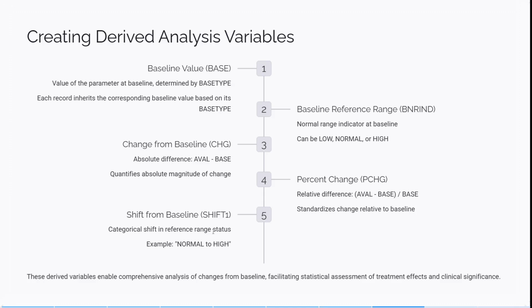And the shift from baseline: category shift in reference range, normal to high. So these derived variables enable comprehensive analysis of the changes from baseline, facilitating the statistical assessment of treatment effects and clinical significance. So you'll have the base and baseline range indicator, change and percentage change, shift one. So if you want to create the analysis baseline variables, you should have all these variables.